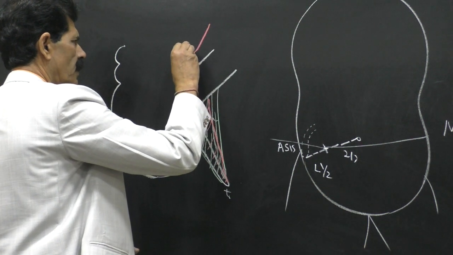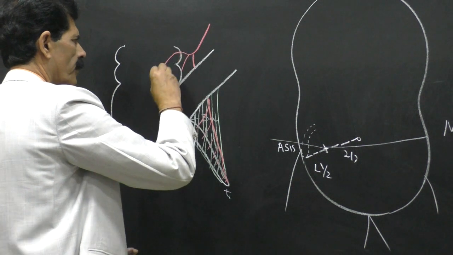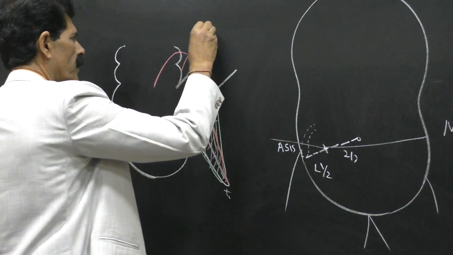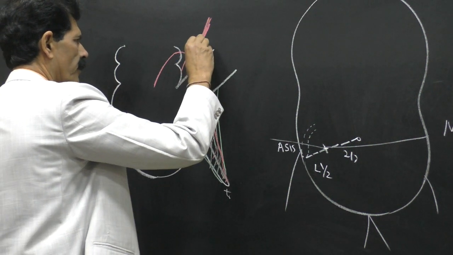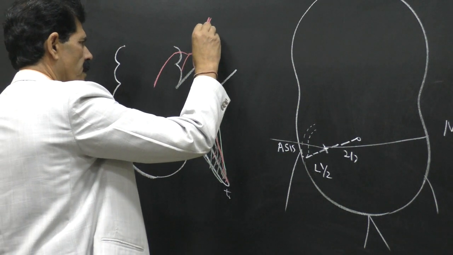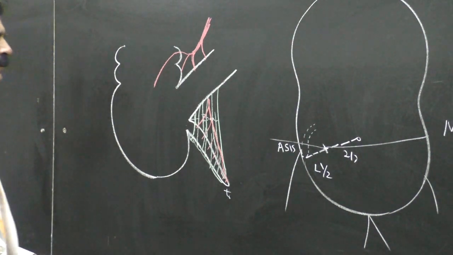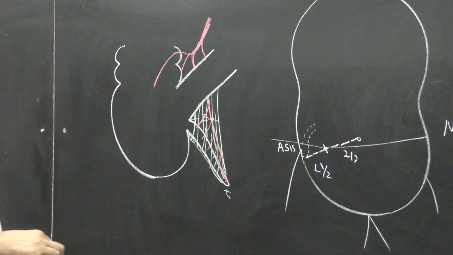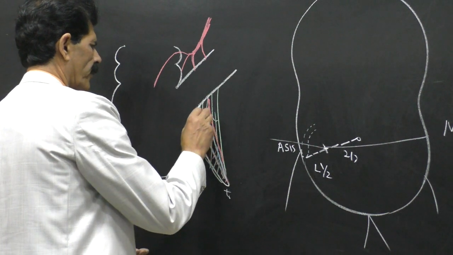This is a branch of the ileocecal artery, the terminal part of the superior mesenteric artery. From this ileocecal artery arises the appendicular artery. So the appendicular vessels are present in the mesoappendix.